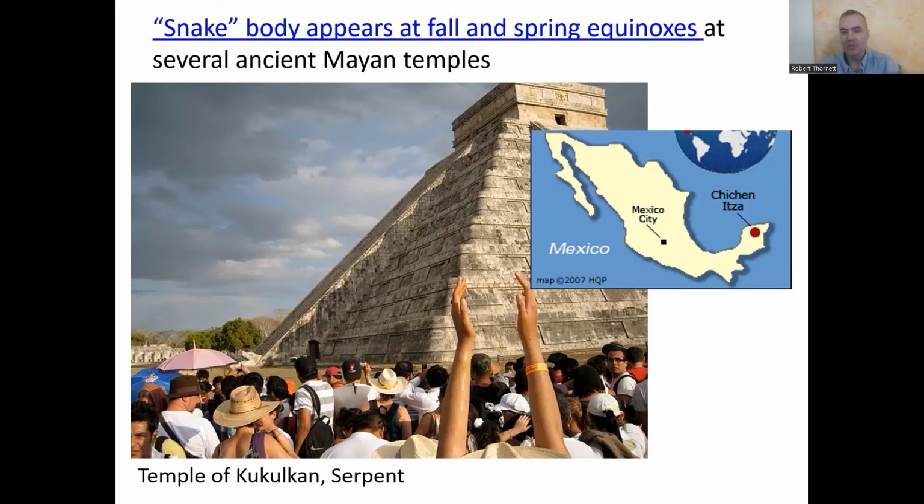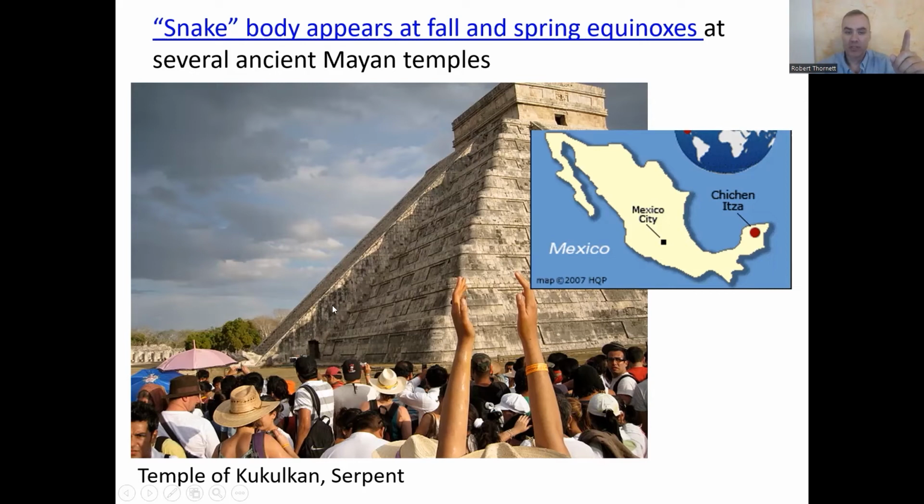They engineered this temple so that only at those two moments in the year, only at the fall and spring equinox, does the shadow, see this undulating shadow that you see, the wave going down, only show up as the body of this snake at those exact two times in the year.